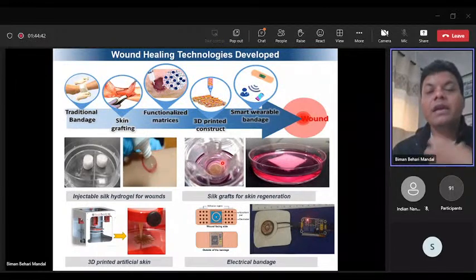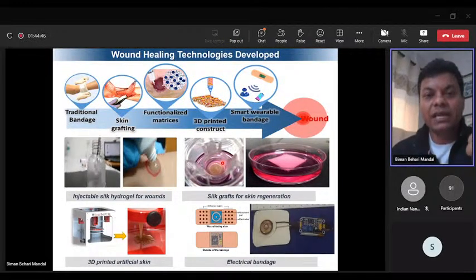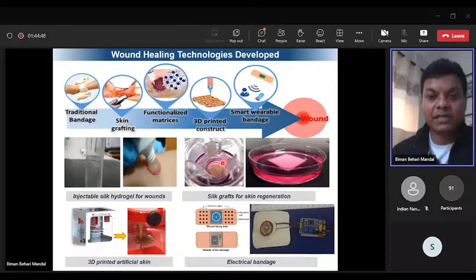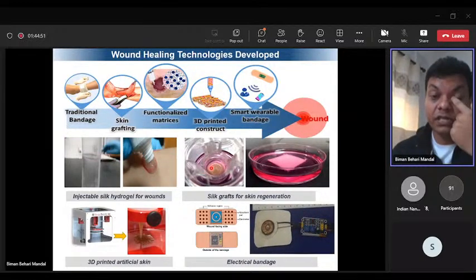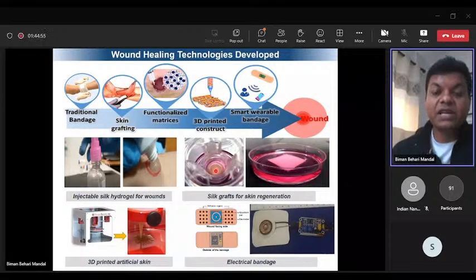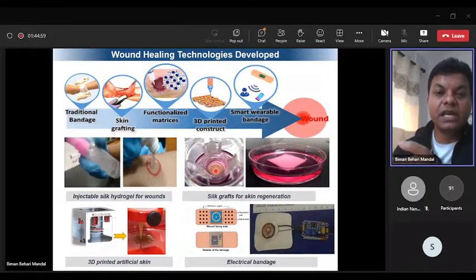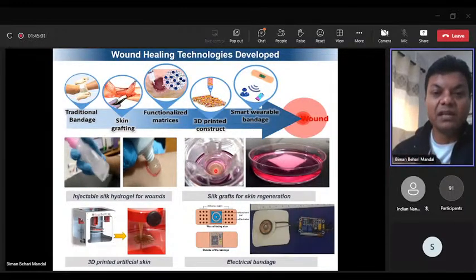So any cosmetic products applied to the skin have to be tested, and how will it be tested? These in vitro or skin models would be used by pharma companies to test their molecules and find out whether they have efficacy, permeability and many other regenerative abilities.